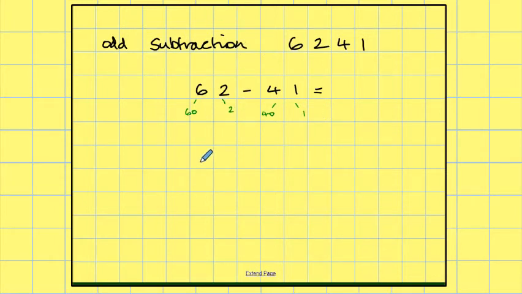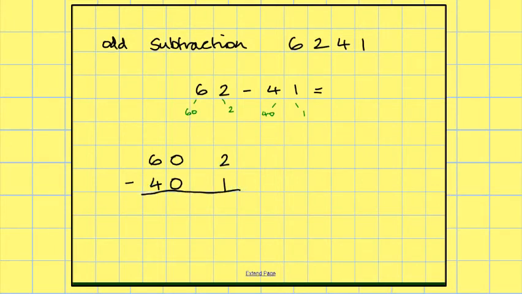So we lay it out like this. We put our tens numbers on top of each other, don't we? And then we put the ones numbers on top of each other like that. We need to remind ourselves that it's a subtraction sum.